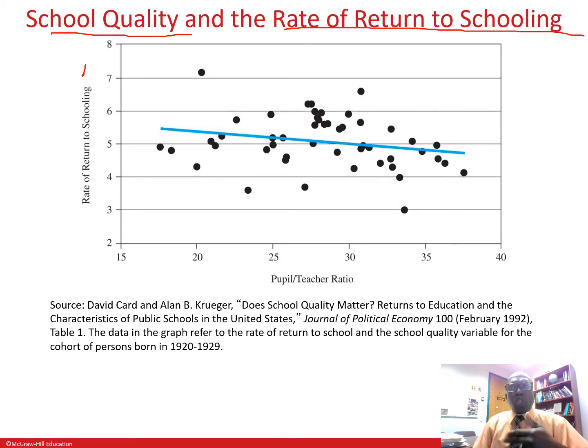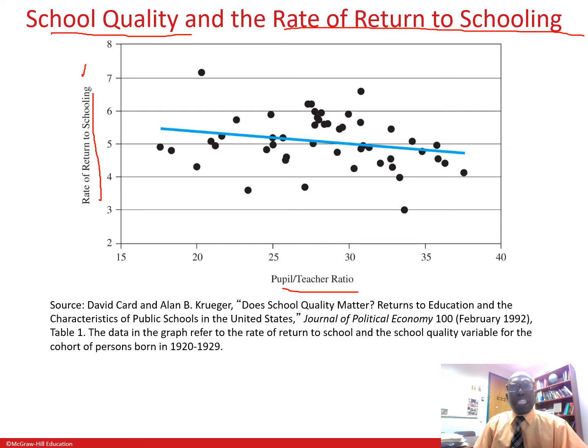The figure shows the relationship between the estimated rate of return, shown on the y-axis, and the average pupil-teacher ratio, shown on the x-axis, in the state at the time the student went to school.